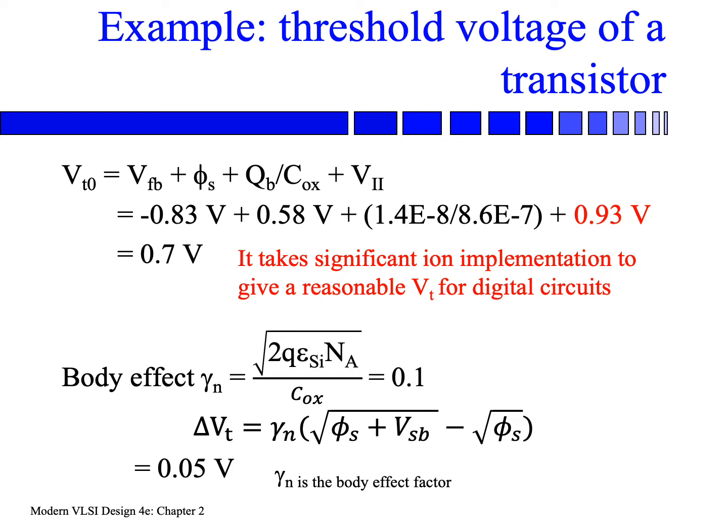In this way, we can change the threshold voltage dynamically, that means we can change it during the operation of the device, instead of during the manufacturing process as we did for the ion implantation. That's very important because we can dynamically change the threshold voltage and later change the performance of the circuit, for example the leakage current. That's one of the important optimizations we can do for device operation.